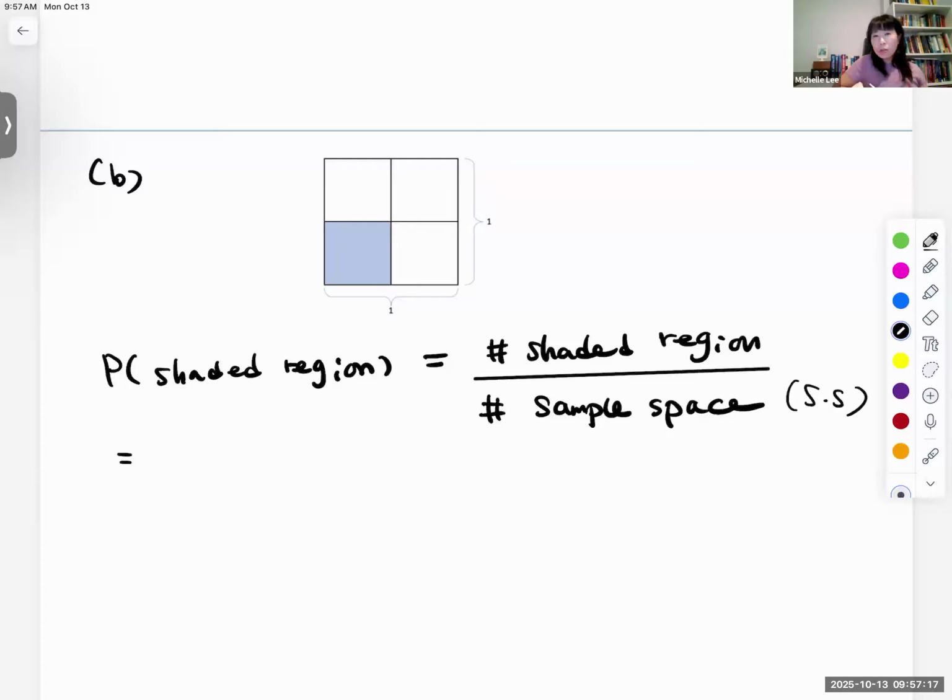So how many shaded regions are there? Only one. And how many sample spaces? It's 4, right? What do you get? 1/4, 0.25. Good.